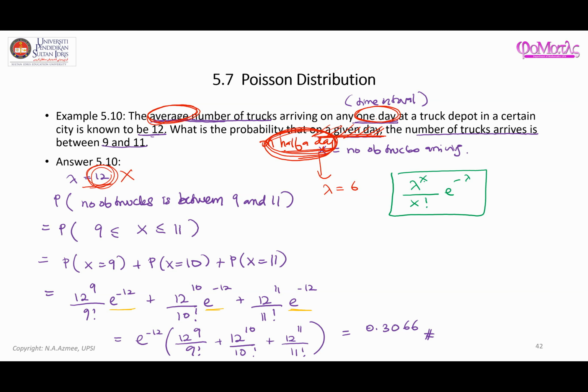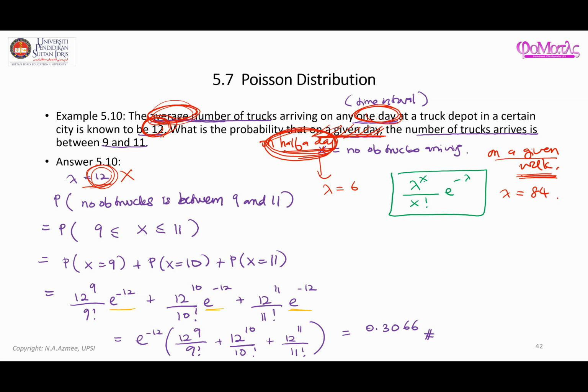Now, if the question is asking you to find the probability that in a given week the number of trucks arriving is something, then lambda here is not 12, because 12 represents the average number in one day. So if you talk about 1 week, that means 12 has to be multiplied by 7 days. So lambda is going to be 84.